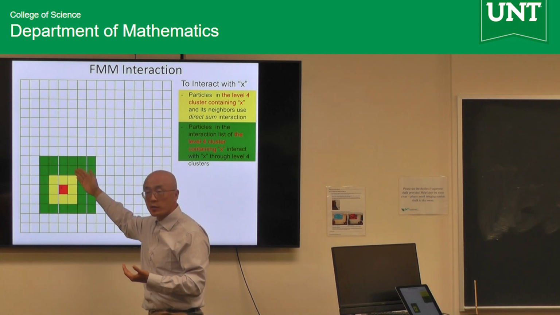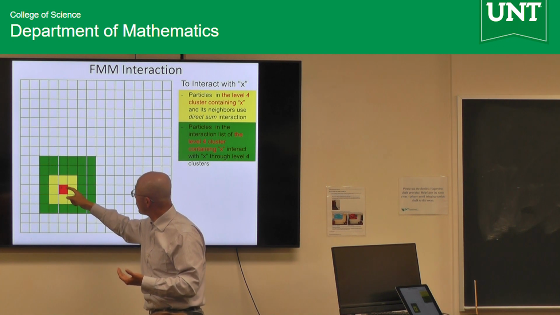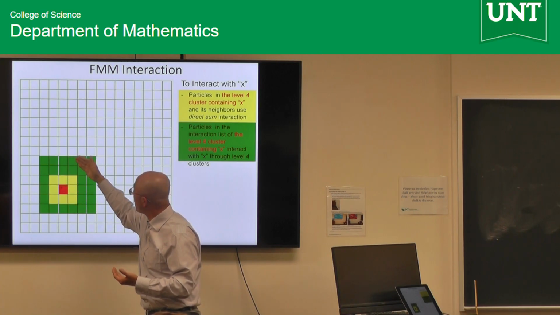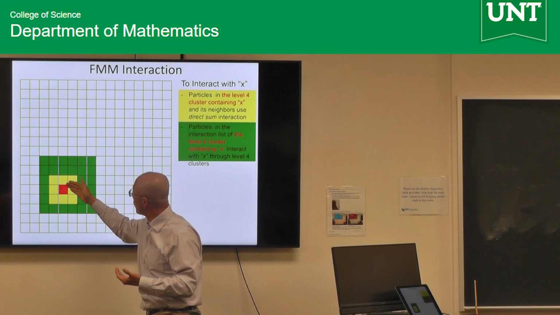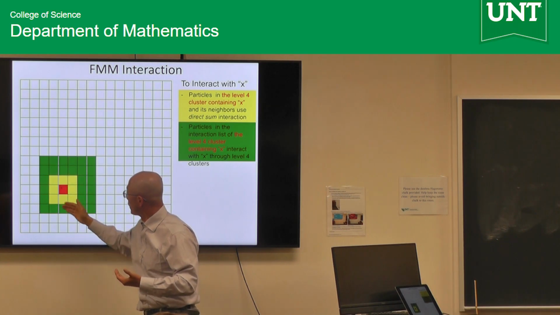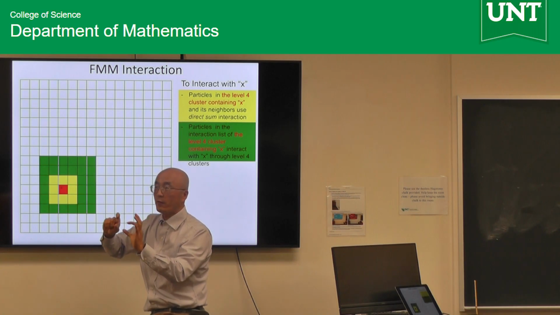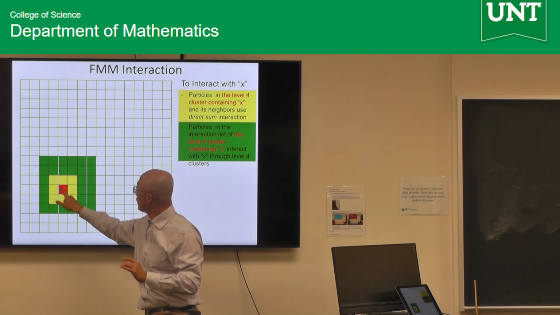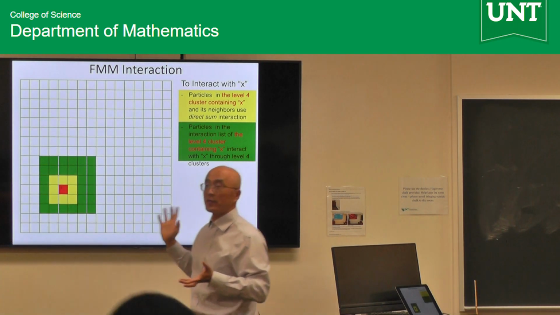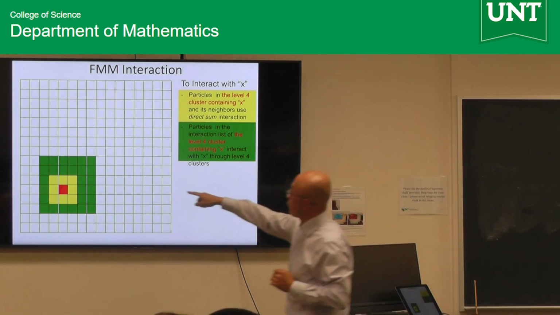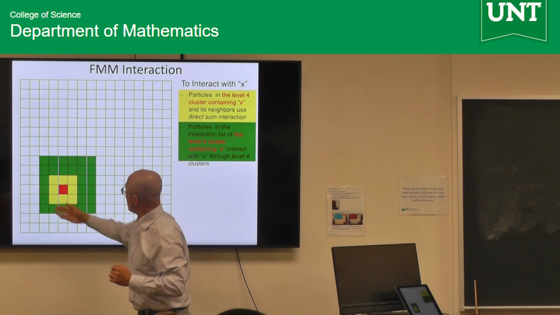Because they are not neighbors, but their parents are. The parent of this one is here. And the neighbors of the parent are here, here, here, here, here, here, here, here, right? And they need to be at the same level, so that's why you have the same 1 by 1 squares. Does that make sense to you? So the interaction list of this one is the green ones.